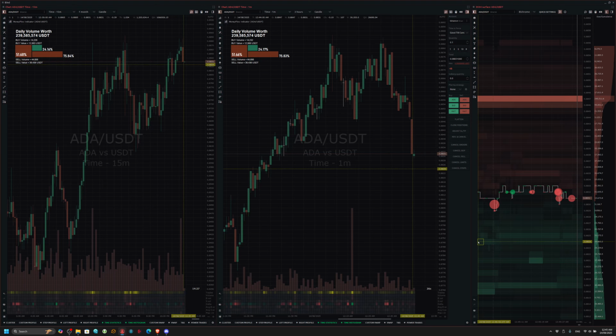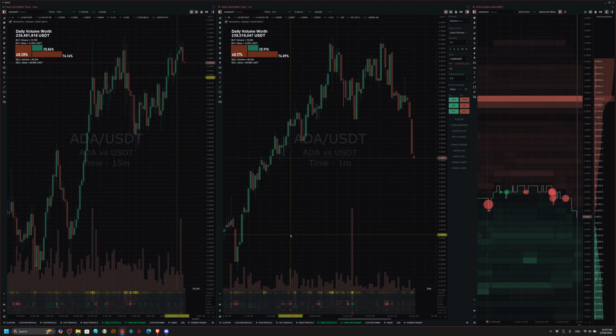And as we can see how the candle is moving, let's wait and see. It's now dropping. So we can see what's going on with the market as the candle is building. We still have a high sell volume, and this is why we are dropping down.